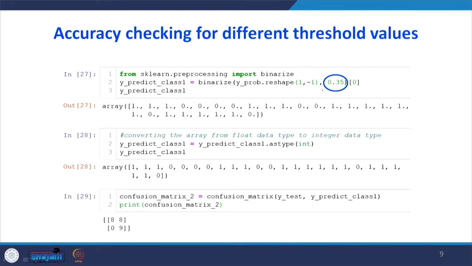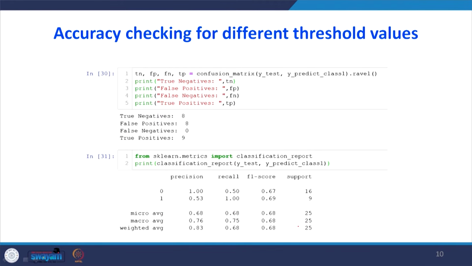If you take 0.35, this is our predicted values, but if you want integer values you have to use y_predict_class1.astype(int), and you get these integer values. Then from that we can get the confusion matrix. It says that by keeping the threshold value at 0.35, true positive is 9 and true negative is 8. We can change to different values, for example, and for that value also we can check our recall and precision.